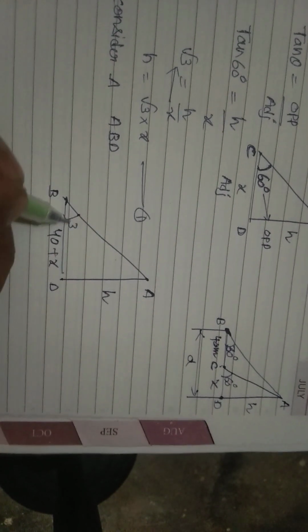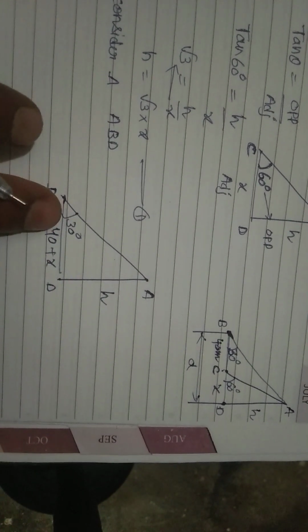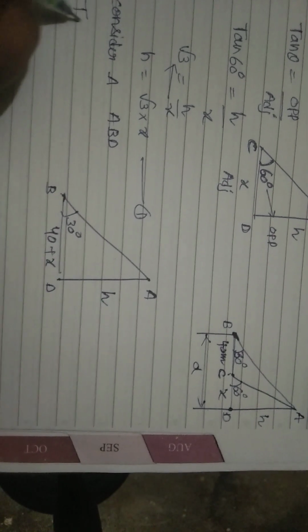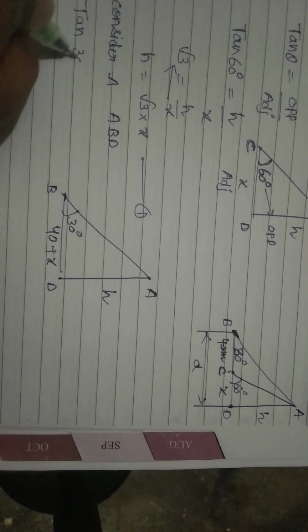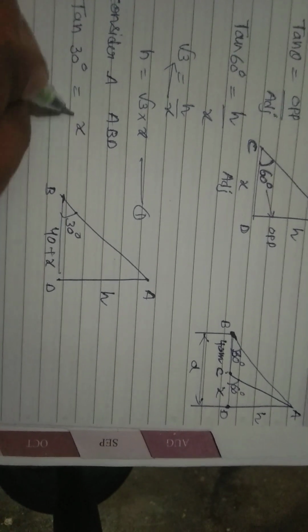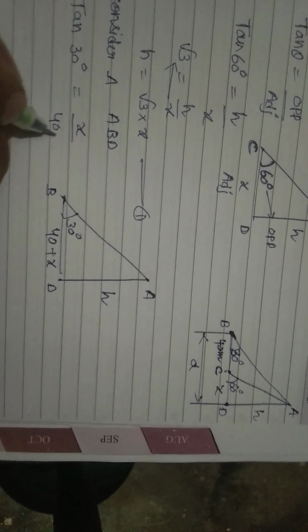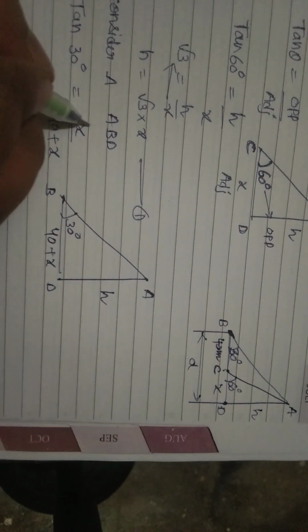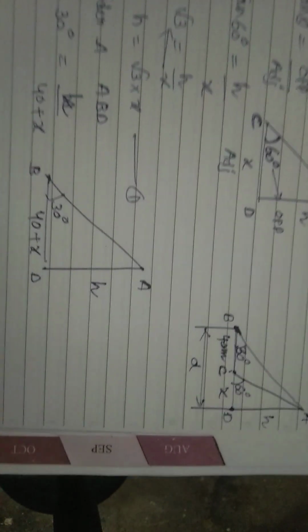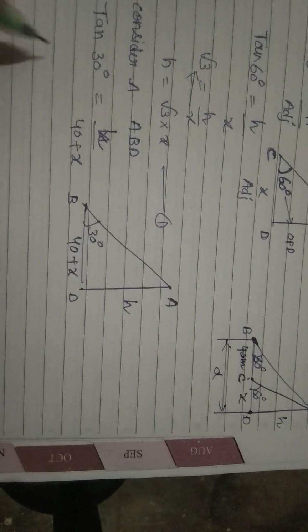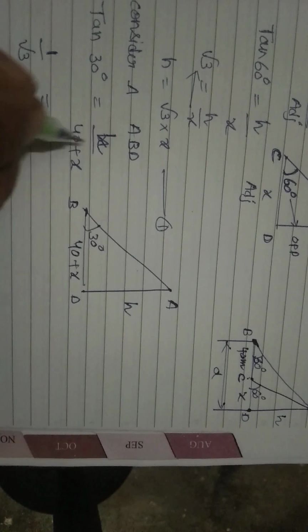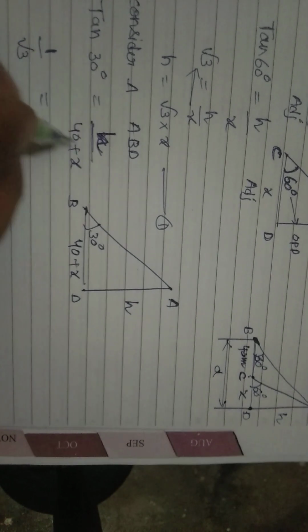So the angle of elevation is how much? 30. Again, the angle is here. This side will be the opposite side, and this side will be the adjacent side. So tan 30 is opposite side h units, adjacent side 40 plus x. So what is tan 30, children? Tan 30 is 1 by root 3, equal to h by 40 plus x.